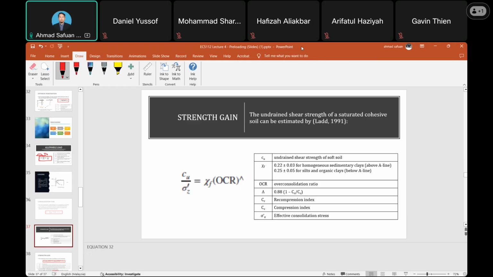Let me search first. What is the meaning of this letter? Greek letter.